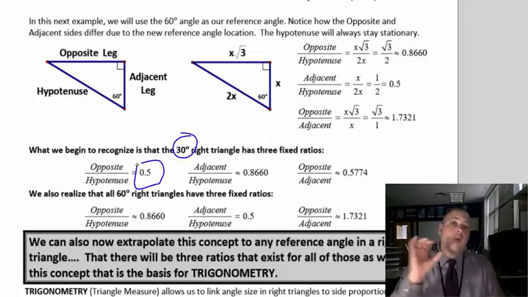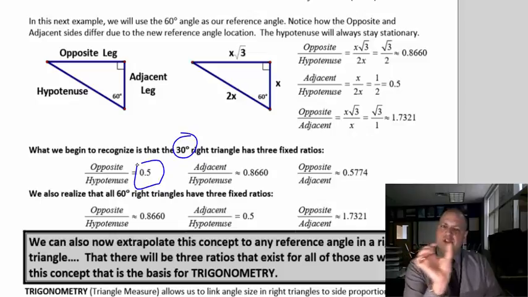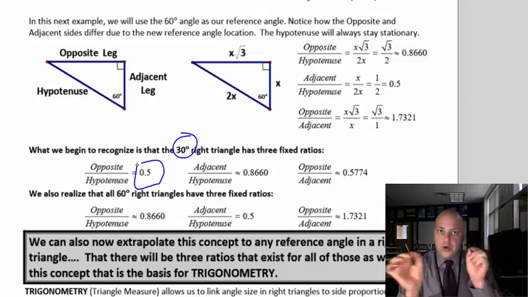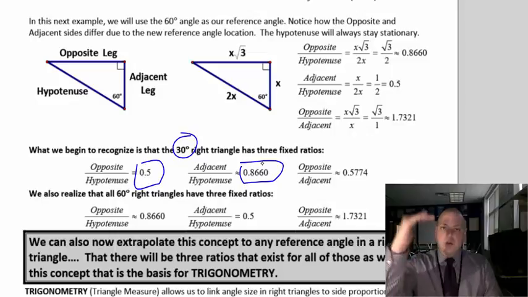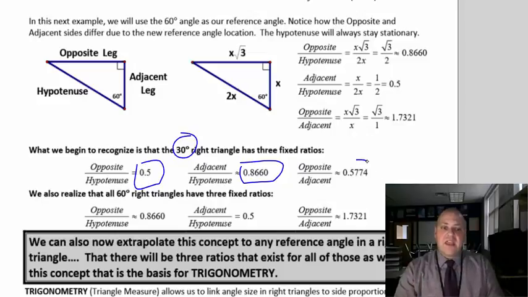It always was 0.5, or right around 0.5, depending on the measurement, since we're using a ruler. So it may not be exactly 0.5, but it's around 0.5. The adjacent over hypotenuse is right around 0.866, as we found out yesterday. And then when we did the opposite over adjacent, the tangent, that came out to be 0.5774.